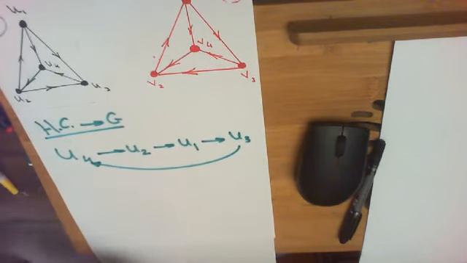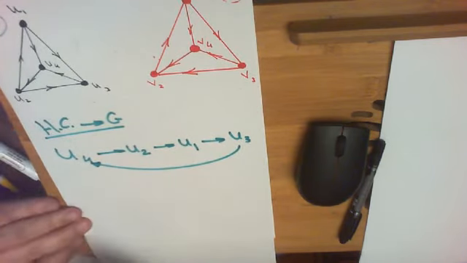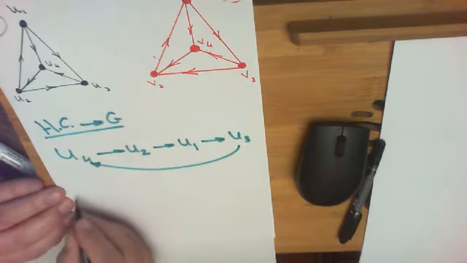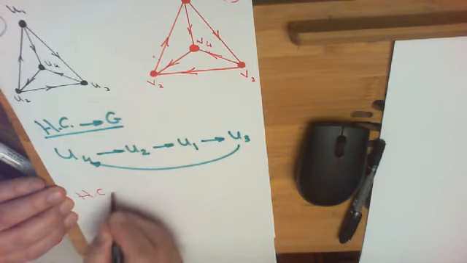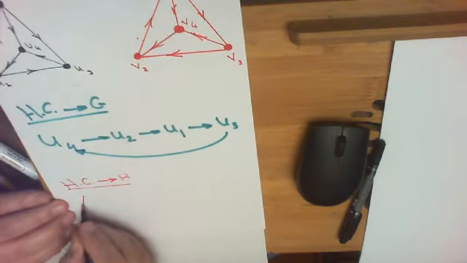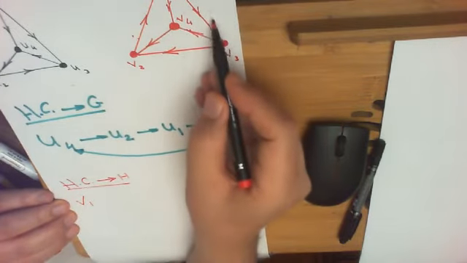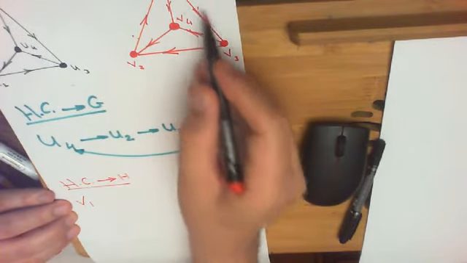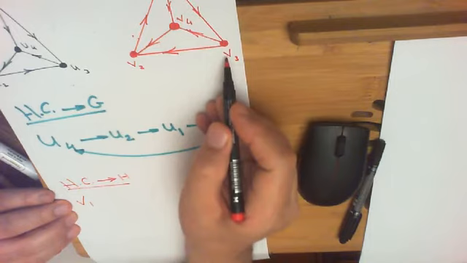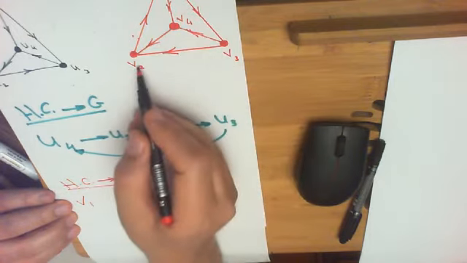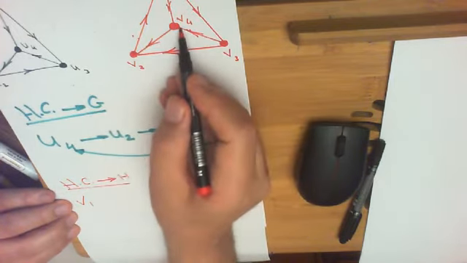Okay? What about H? Let us try. We want to start from V4? V2, V3, V1, as you like. Okay, V1. Hamilton circuit for graph H. V1 followed by what? V3. Okay? Followed by what? V2. So you will not visit V4.